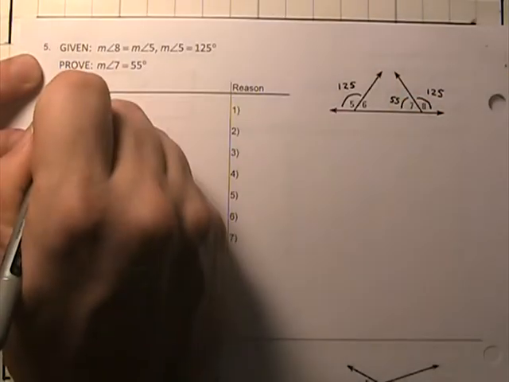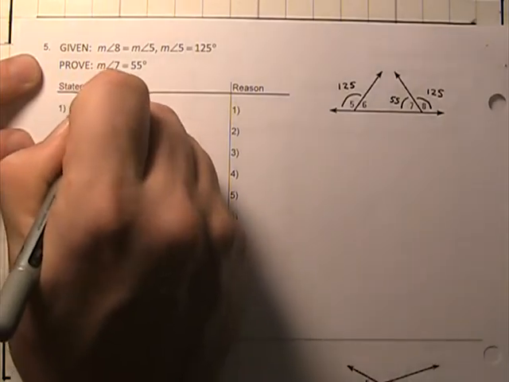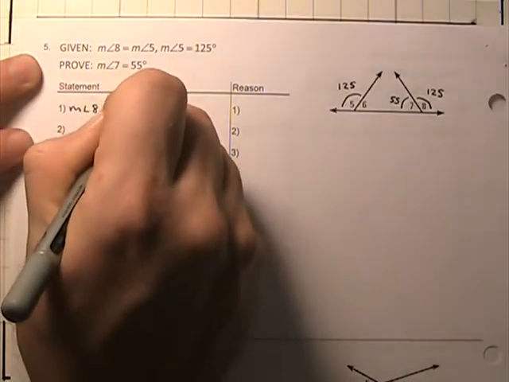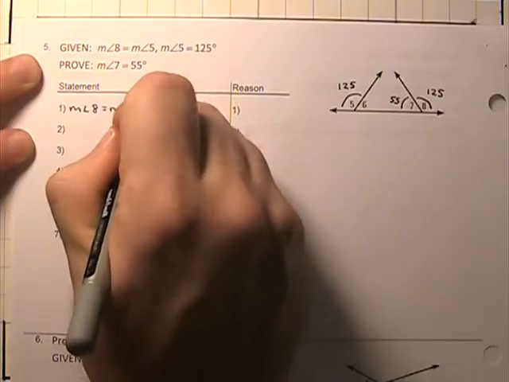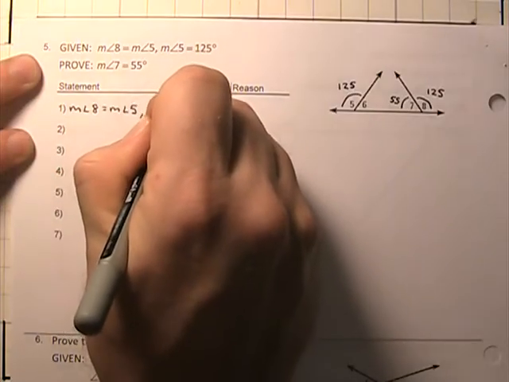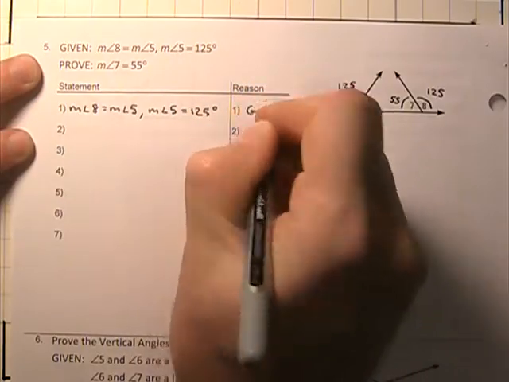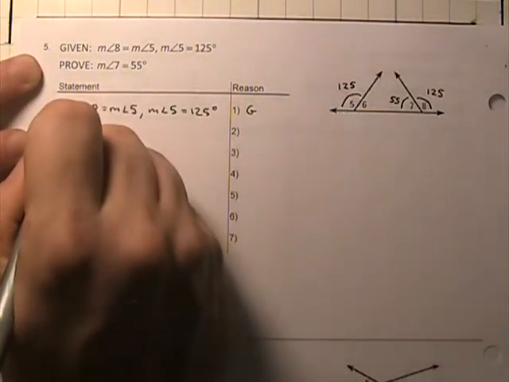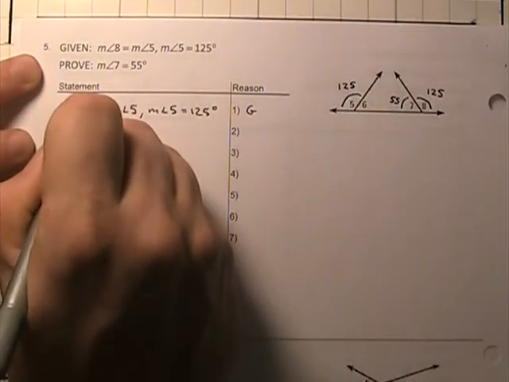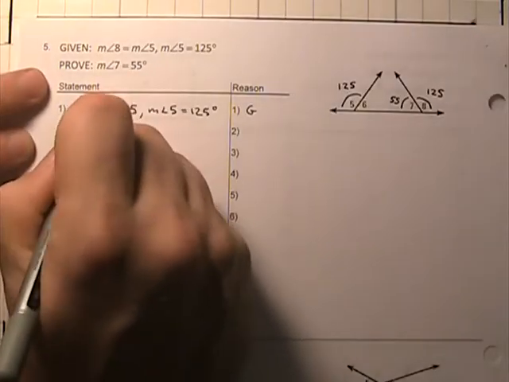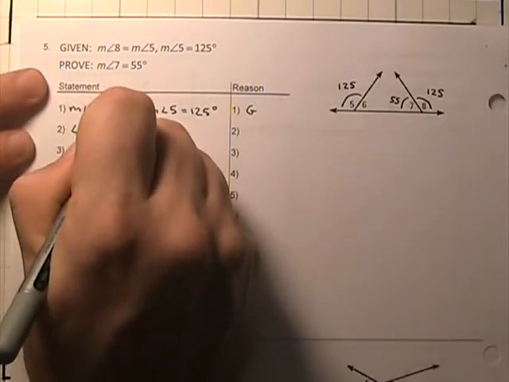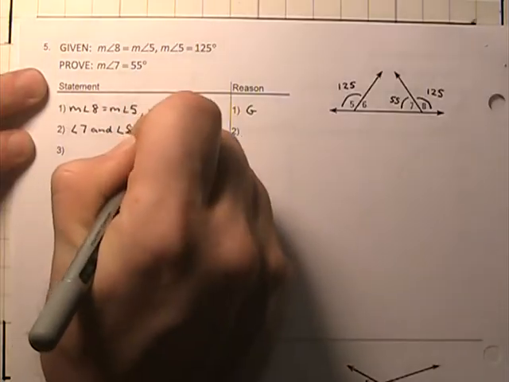So we'll start with the given. Measure of angle 8 equals the measure of angle 5. The measure of angle 5 equals 125 degrees. That's given. I'm also going to tell you that angle 7 and angle 8 are supplements.